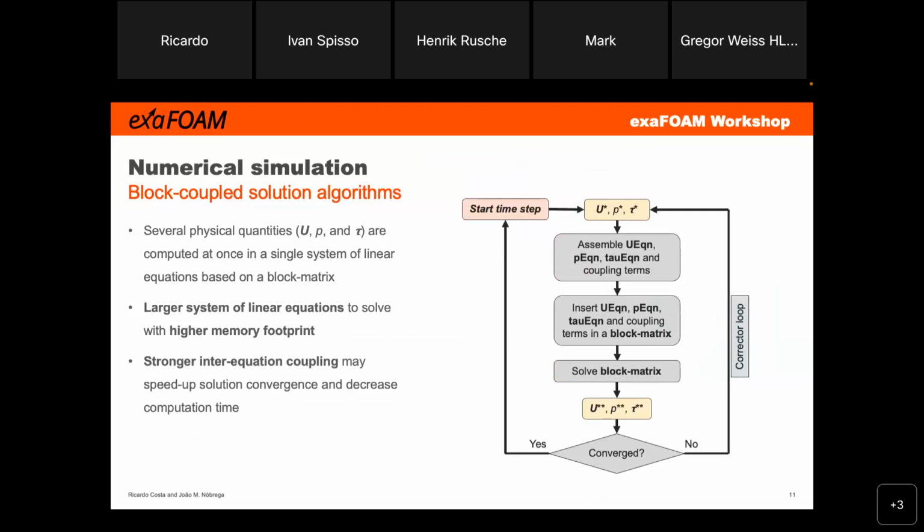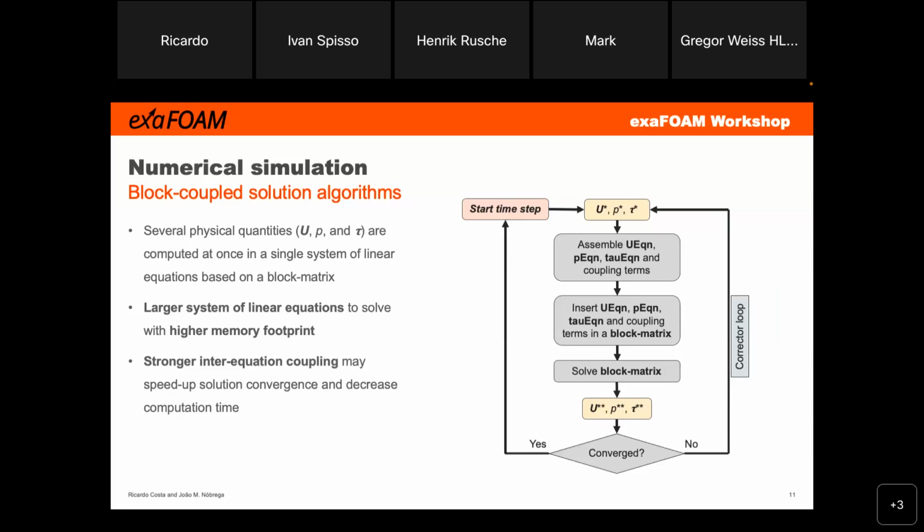Okay, on the other side, since modern computers are equipped with much larger amounts of memory, and usually it's not a problem, especially if you can split your simulation through several nodes, we can think of solving all the equations together. So we will assemble the momentum equation, the continuity equation, all the constitutive equations, and all the coupling terms between these equations that I need.